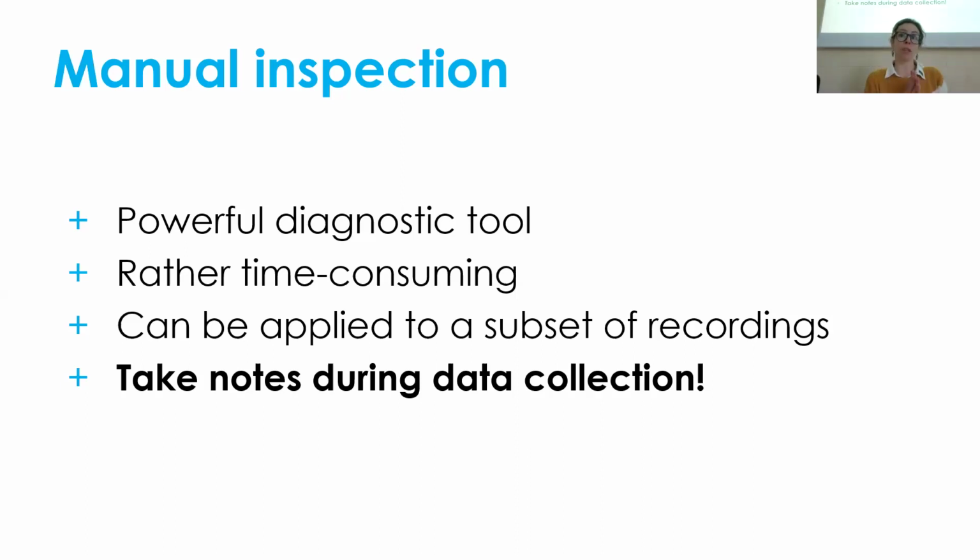If you make notes of this, then you already have a pretty clear idea of which participants may be problematic and which participants you may want to go back and inspect manually, right? This seems like quite an obvious thing to say, but you would be surprised how many people don't do this. And we find it works pretty well to know where to concentrate your efforts.